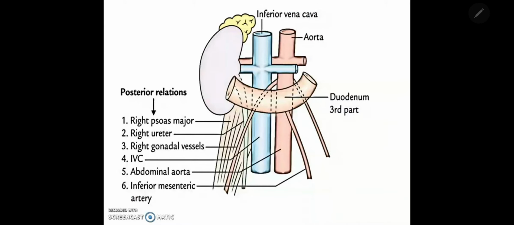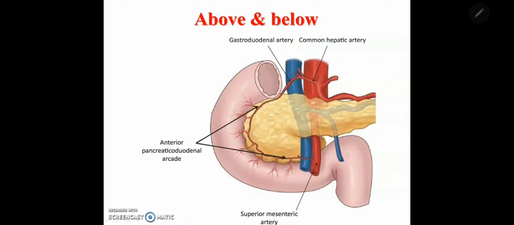So it is related to all these kind of structures, right psoas major, right gonadal vessels, right ureter, inferior vena cava and abdominal aorta, and also the inferior mesenteric artery, which takes origin from the abdominal aorta behind this one, and above it is related to the head of the pancreas, below coils of jejunum and ileum.